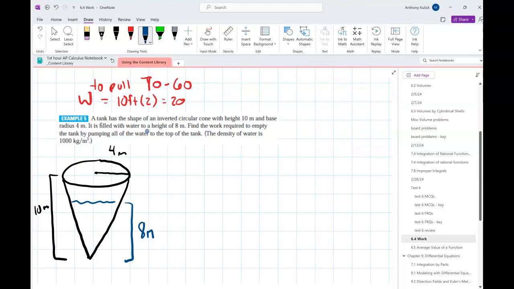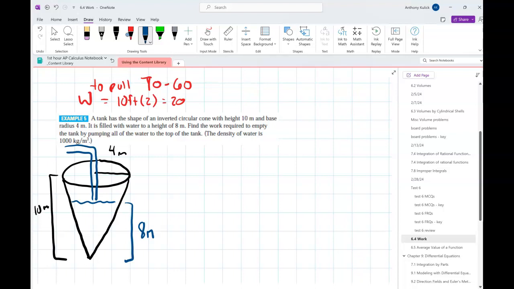So now what we're asked to do is to pump this water up out of the tank, right? How far does that initial first circle of water have to get pumped? 2 meters.